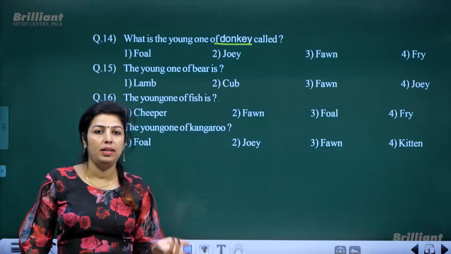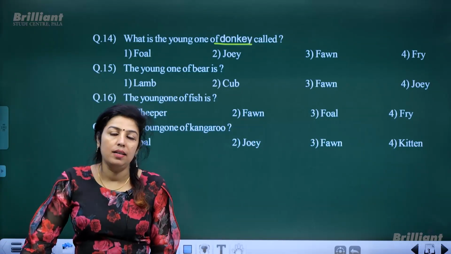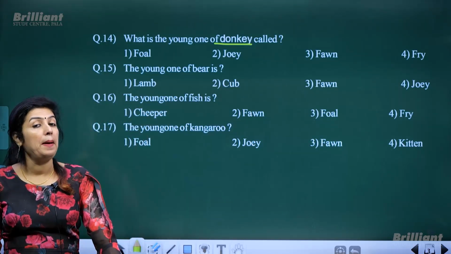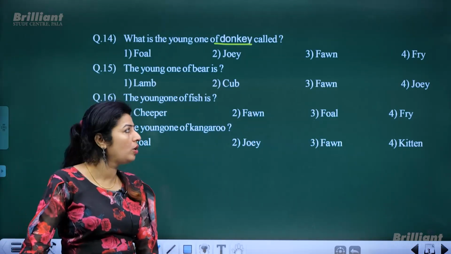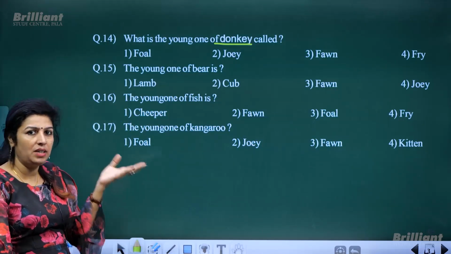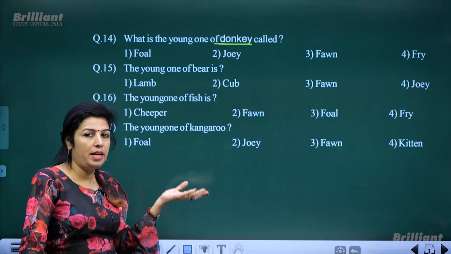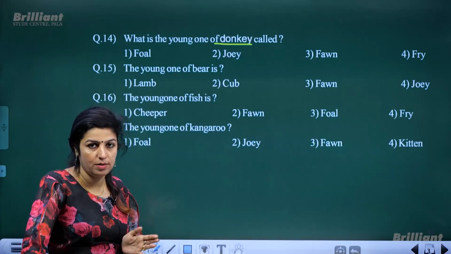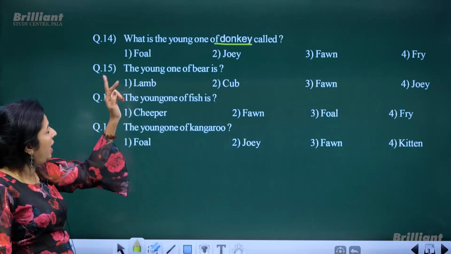You know the young one of a dog, young one of a cat, young one of a horse, but young one of a donkey, sometimes you might have heard of this, but not necessary that everyone knows. So we have been given a few options, 4 options given to you.